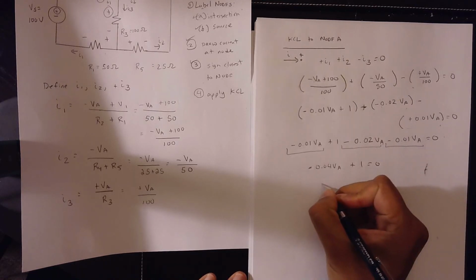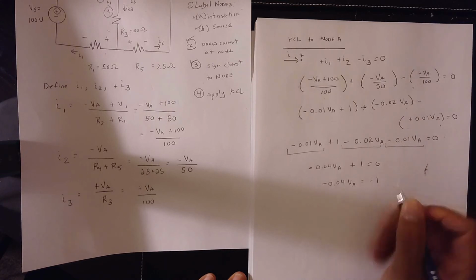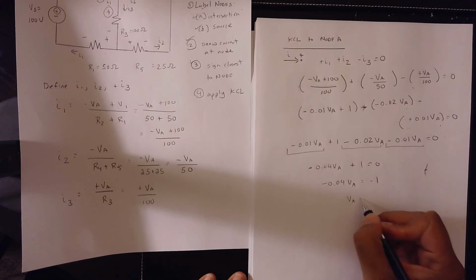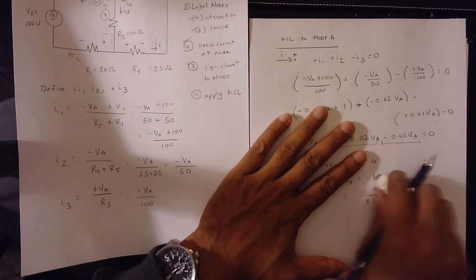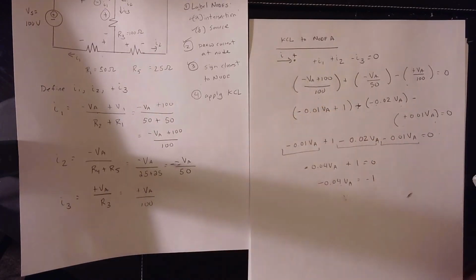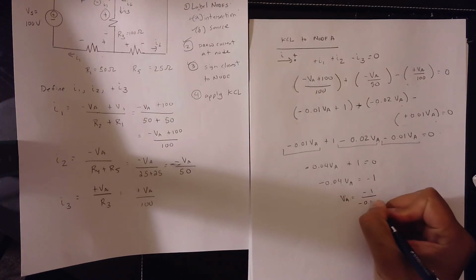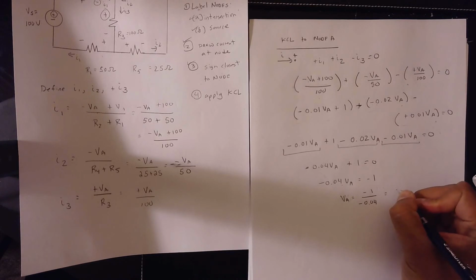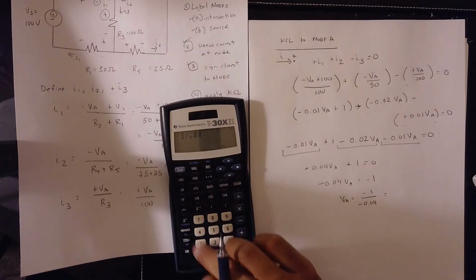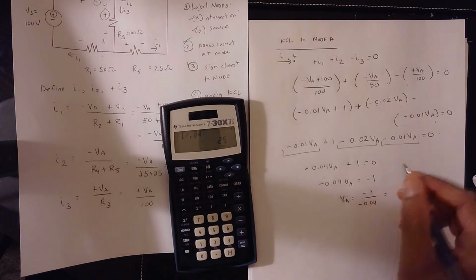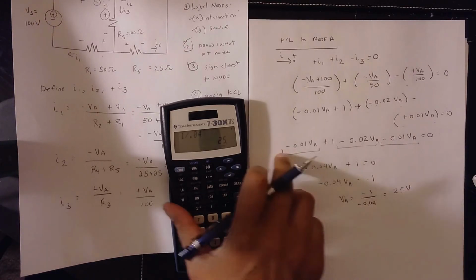The way you solve it is minus 0.04 VA is minus 1. VA is minus 1 over minus 0.04, which is 1 divided by 0.04. If you don't know how to do it, put it on your calculator, you get 25. 25 volts is positive because it's negative over negative. That's the division rule.